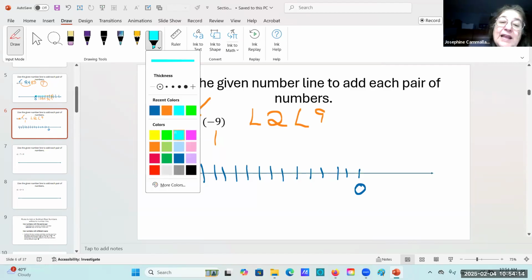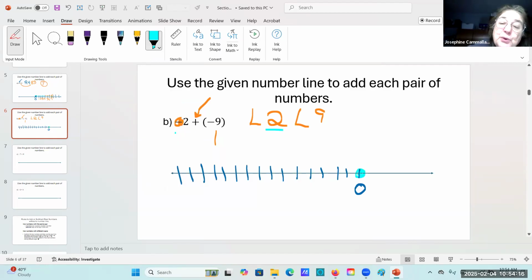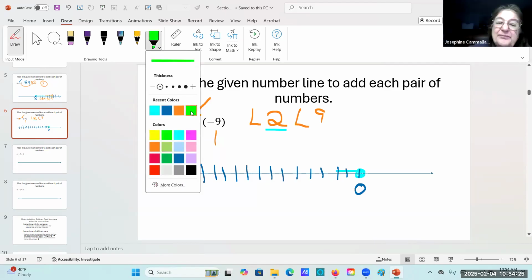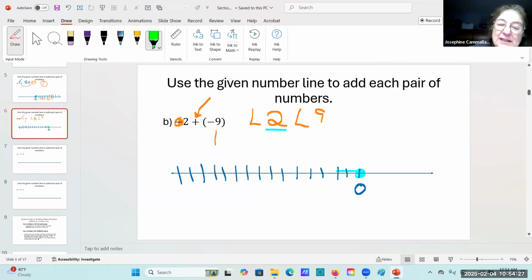I'm starting right here. Left 2, 1, 2. I'm stopping right there. But from this point, I'm going left 9. 2, 3, 4, 5, 6, 7, 8, 9. Marks the spot.